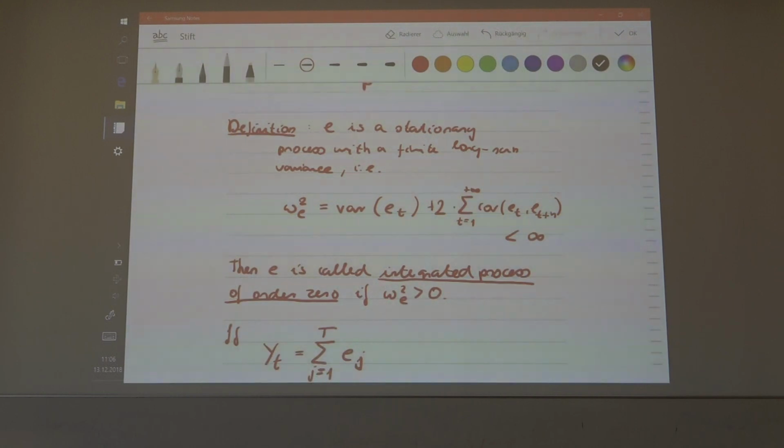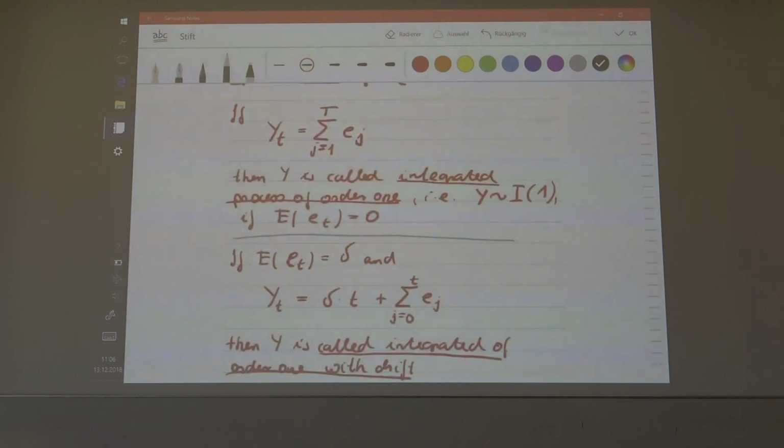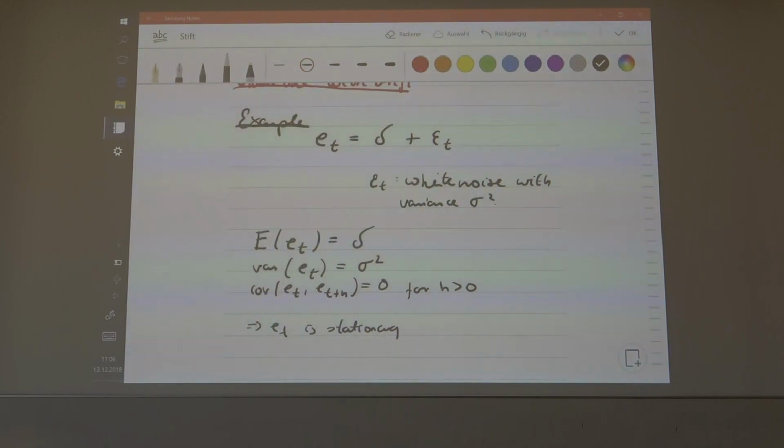And so therefore, this is going to be stationary, and what you would look at is the long run variance of the process. Maybe you also remember this expression: the variance plus 2 times the autocovariance.